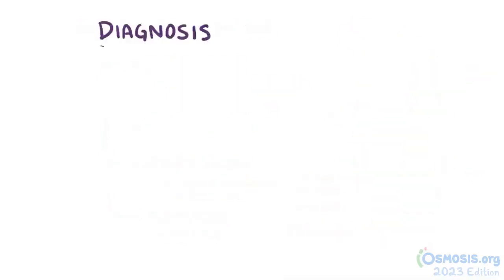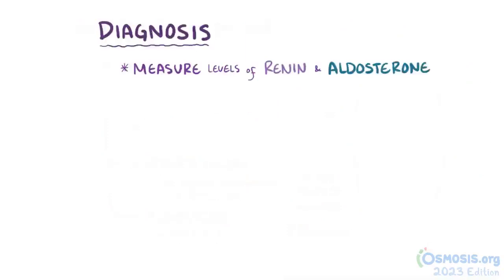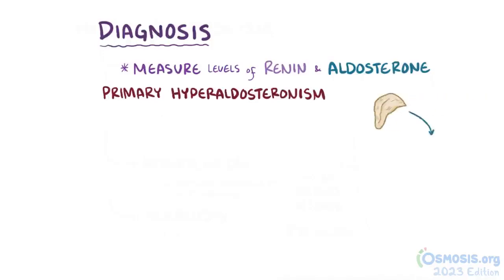The diagnosis of hyperaldosteronism is mainly done by measuring levels of renin and aldosterone. In primary hyperaldosteronism, the main problem is that the zona glomerulosa cells secrete high levels of aldosterone, and that aldosterone has a negative feedback effect on renin, and so it actually inhibits renin production.